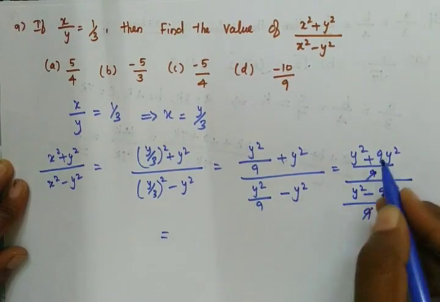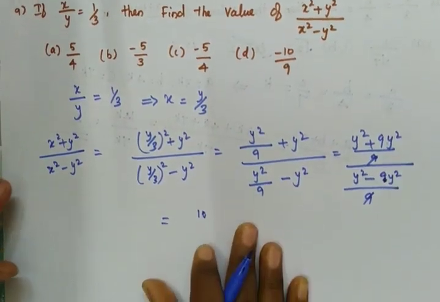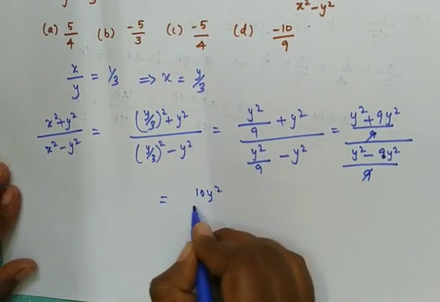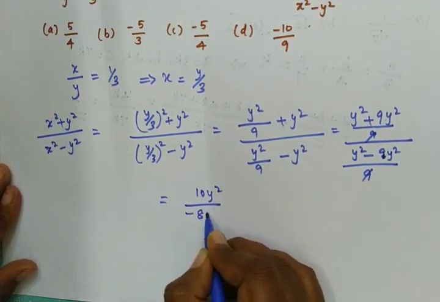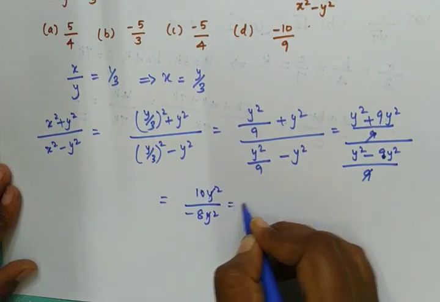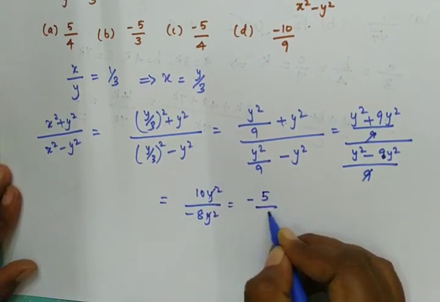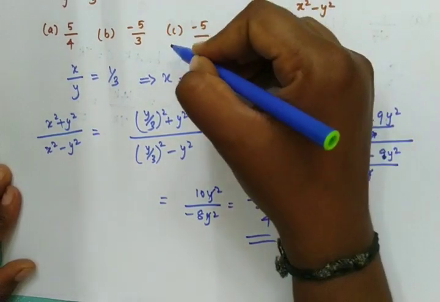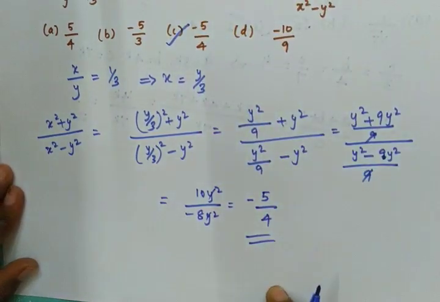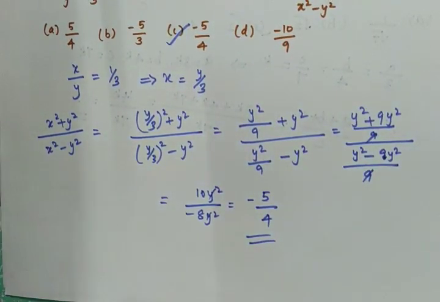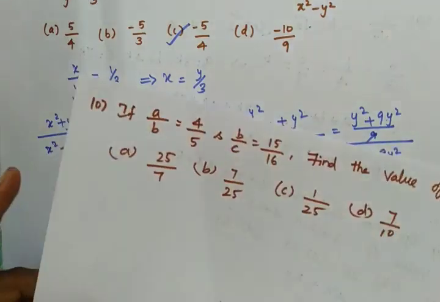Therefore which is equal to 10 y square by minus 8y square, which is equal to minus 5 by 4. So the correct option is C, minus 5 by 4. Then we will move on to the next problem.